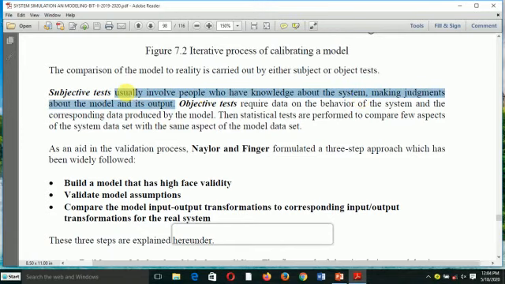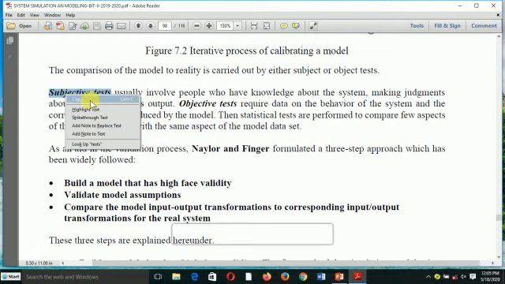So you will call some people who are professionals in the field of the system you are studying, and they come and judge your model, see whether it really reflects the system, and see if there are some differences or mistakes. It is called subjective because those people are not the developer of the model. It is you who is the developer.